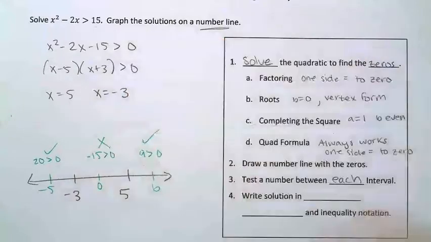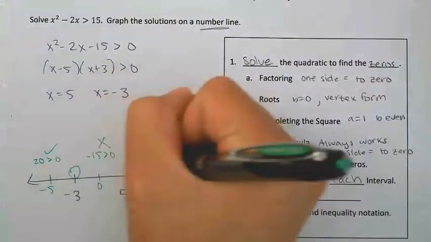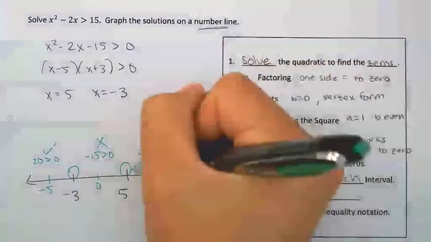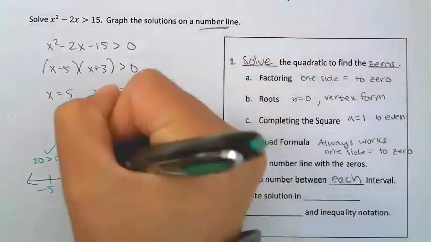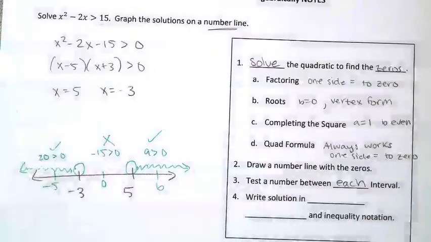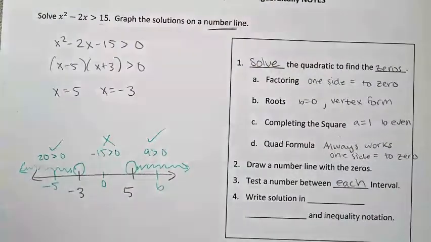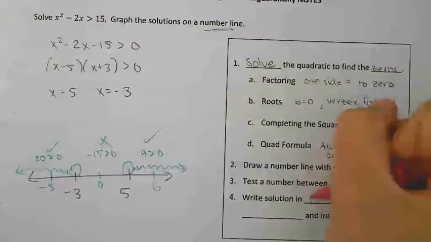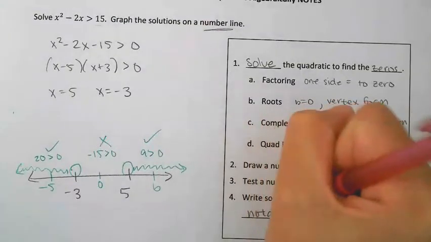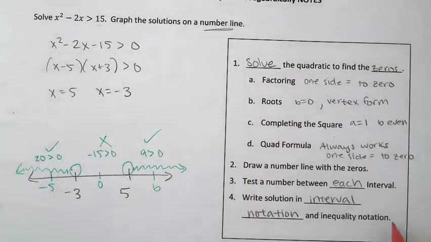That is also true. So I'm going to have an open circle here and an open circle there, because I don't have an equal to line. And then I shade that way and I shade that way based off my test points. And then we need to write our solution in interval notation, and I also want us to write it in inequality notation.